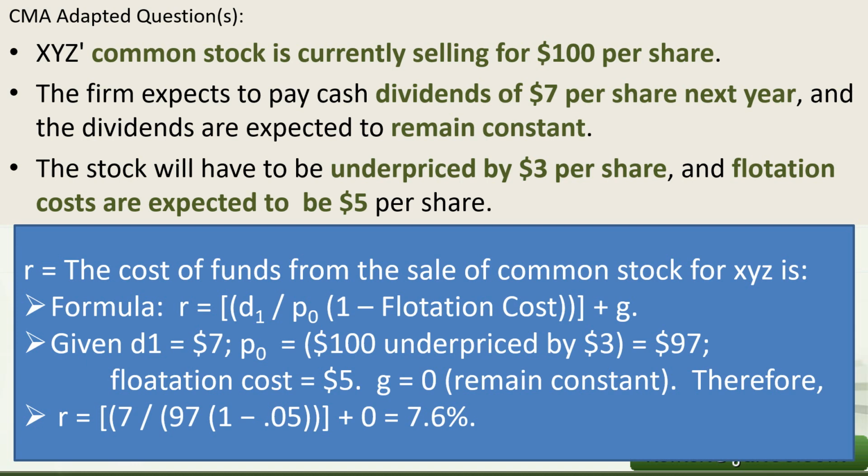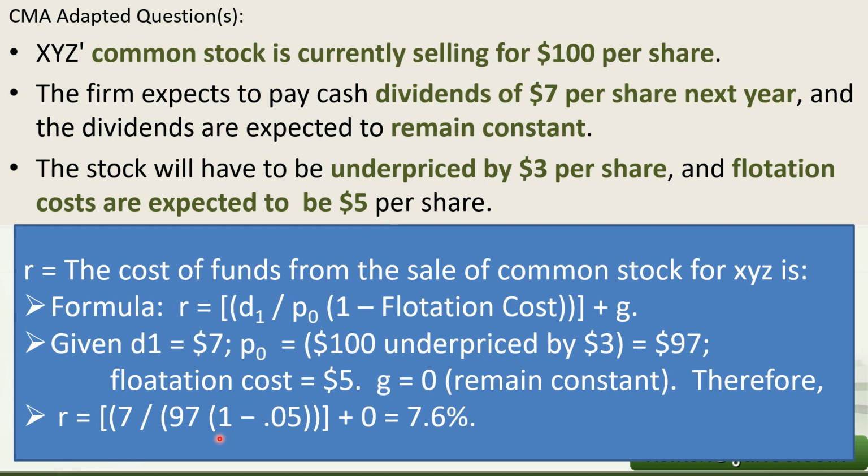Now the given D1 value is $7, and P0 is $100, underpriced by 3, so the P value will be $97. With that you have to multiply the flotation cost, which is $5.